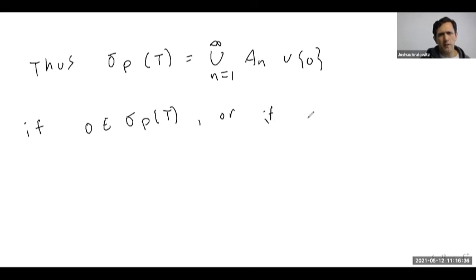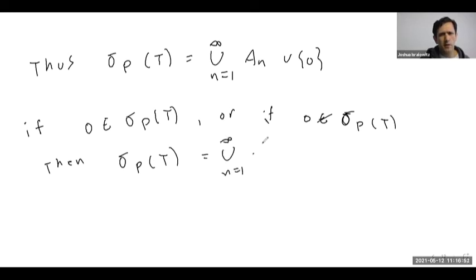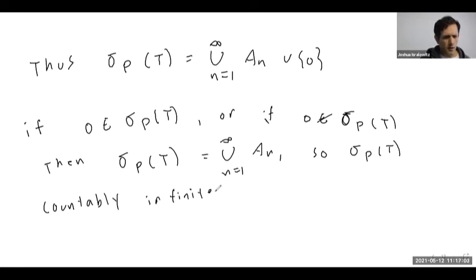Or otherwise, if 0 is not in sigma p of T, then just for consistency, sigma p of T is this union here. So this is countably infinite.